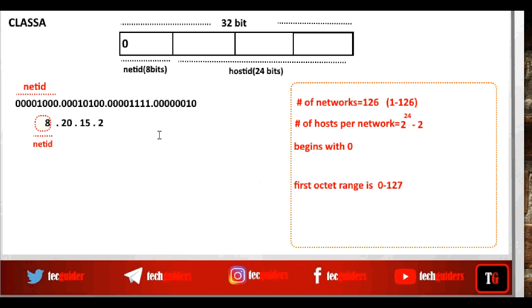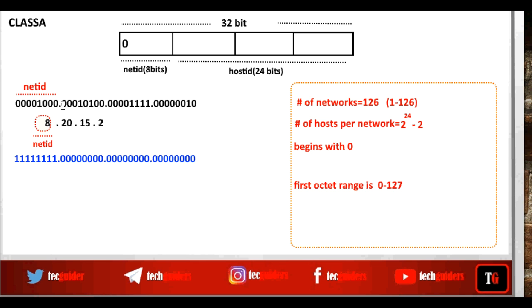In IPv4 addressing, IP addresses are of 32 bits, and hence the network masks are also 32 bits, with all ones in the network ID portion of the IP address and all zeros in the host ID portion of the IP address.